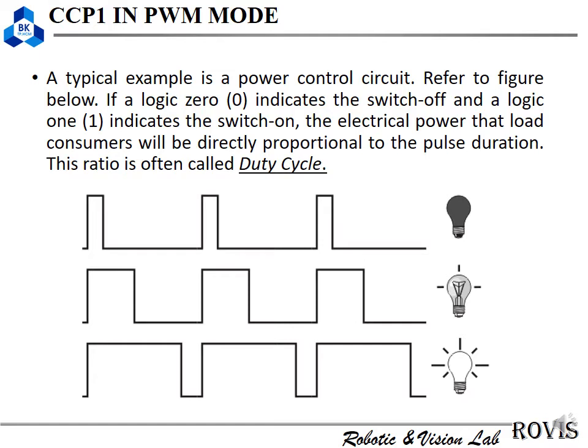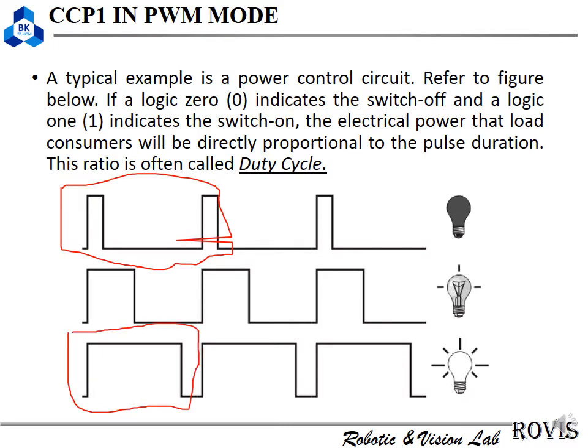So in this example on the slide, you can see that with the same period, if the duty cycle of the high is bigger, the lamp will be brighter. That means you can adjust the brightness of the lamp according to the high value and the low value.